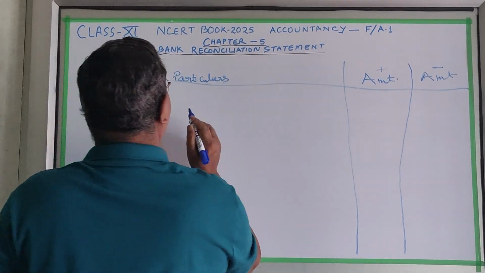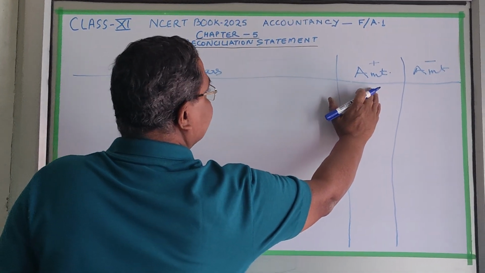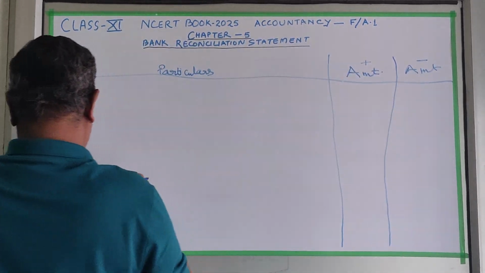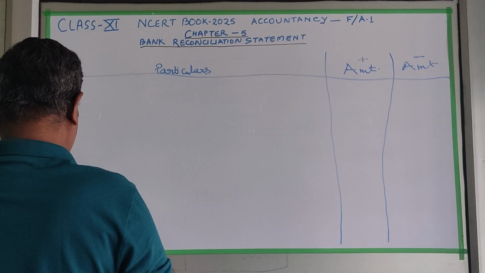In the question, first of all, we have to write the balance, either in this column or in this column. Whenever a deposit is given, it means it is a balance.